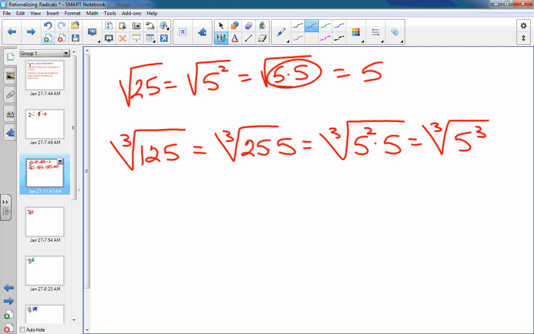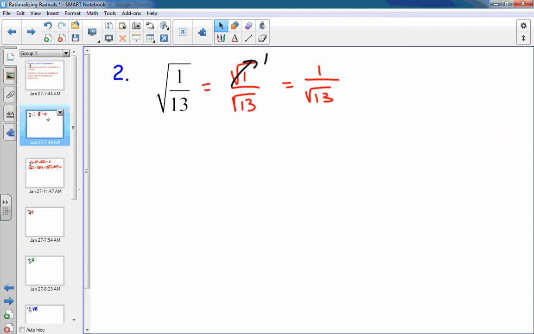So in order to pull one 5 on the outside of a cube root, how many 5s do I have to have on the inside? 3. So this gives me 5 as my answer. Does that make sense? What if I had the 5th root? How many of one item would I have to have inside there then? 5. If I had the 7th root? If I had the 10th root? Do we all understand where I'm going with this? Okay, glad we understand that.